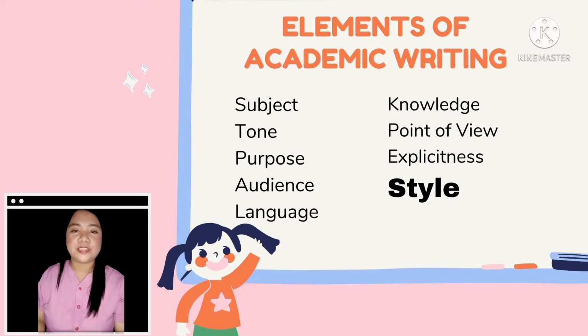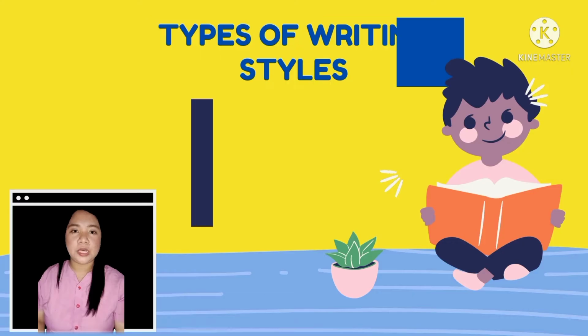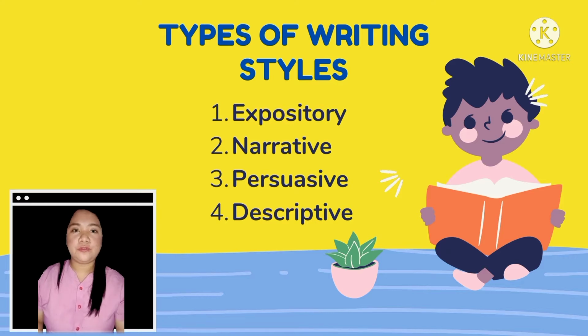There are various types of writing styles, but we will focus on four writing styles, including expository, narrative, persuasive, and descriptive. Each of these writing styles is used for a specific purpose, and a single paragraph may contain not just a single writing style, but maybe a combination.